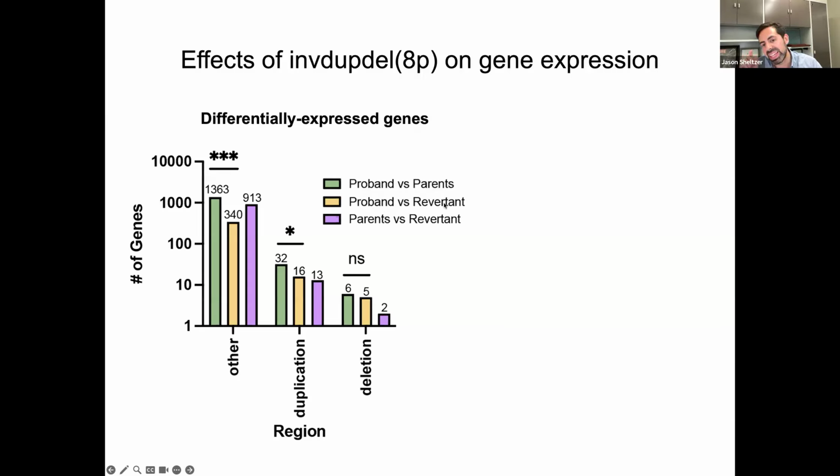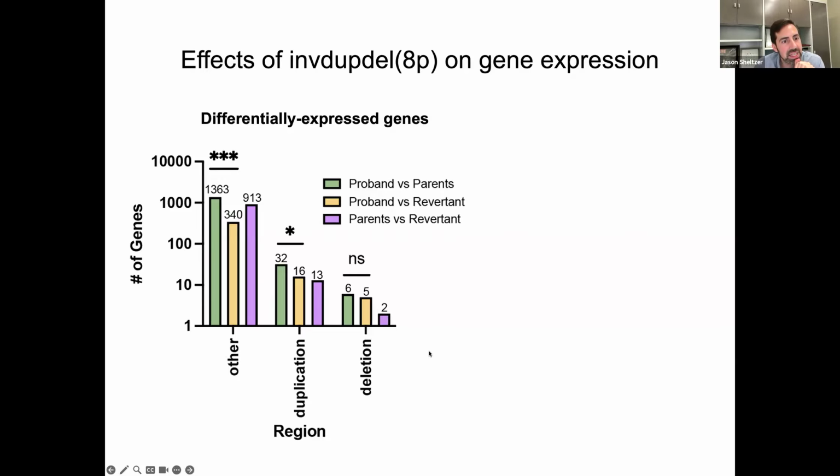These are the cells where we engineered the elimination of the rearranged copy of chromosome 8p. And then we also compared the parents with the revertant. And then we looked for genes whose expression changed in either the deleted region on chromosome 8p, the duplicated region on chromosome 8p, and then we looked at all other chromosomes as well in these individuals.